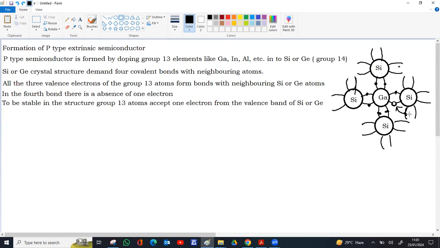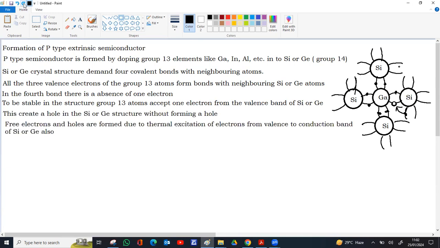The electron is directly transferring from one valence band to another valence band, from the silicon, group 14 element, valence band into the group 13 element valence band. So that won't create a free electron, but it leads to the formation of a hole. So holes are formed due to the addition of each group 13 atom.